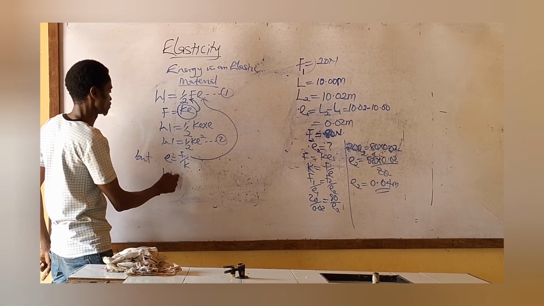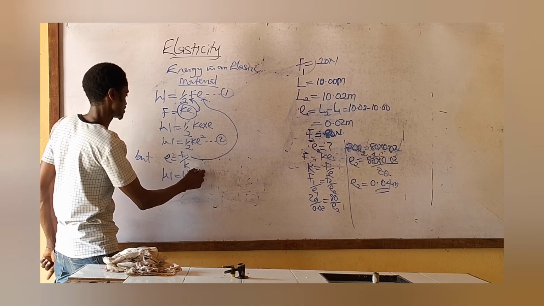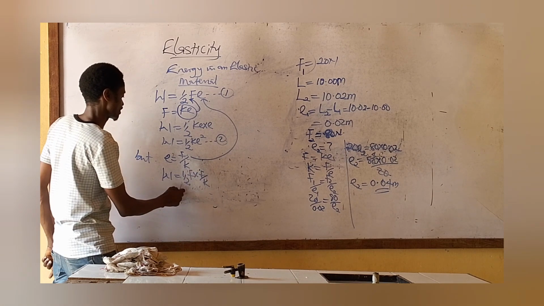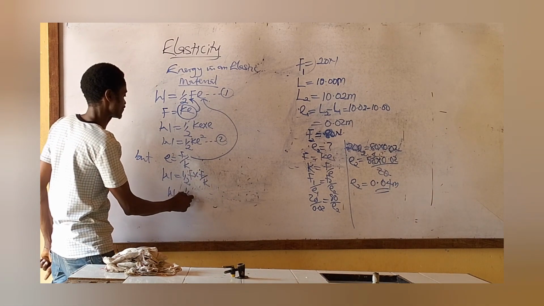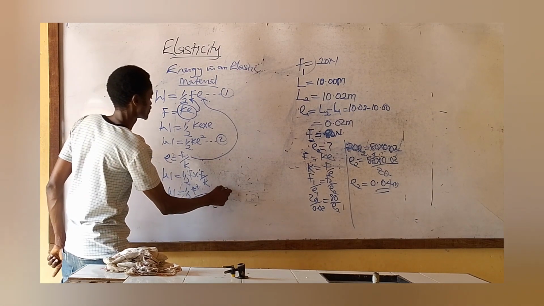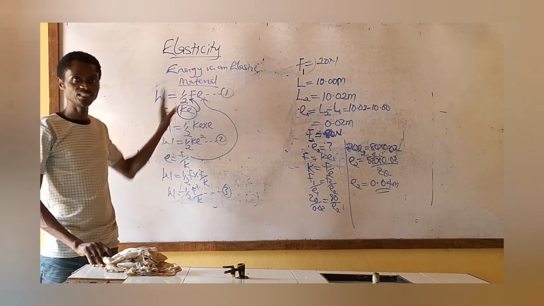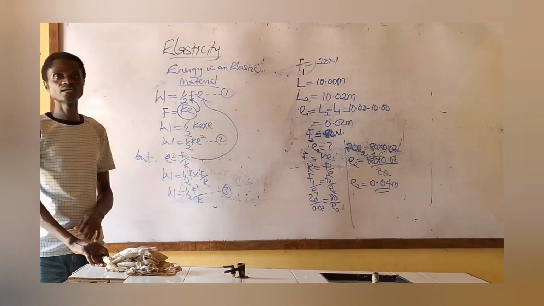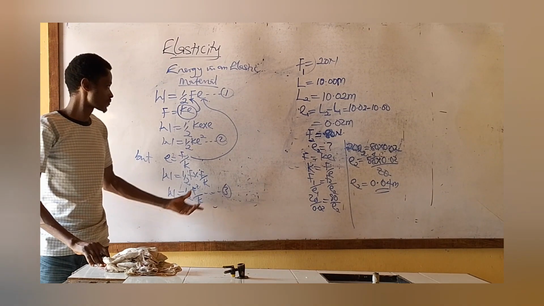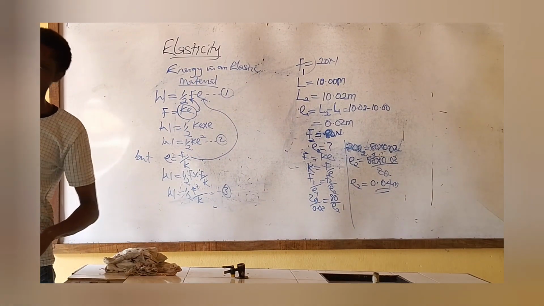That will be W equals half F times F over K. This will now be half F squared all over K. That is formula 3. So these are the 3 formulas we have when you are solving problems on energy stored in an elastic material. Do you understand that?